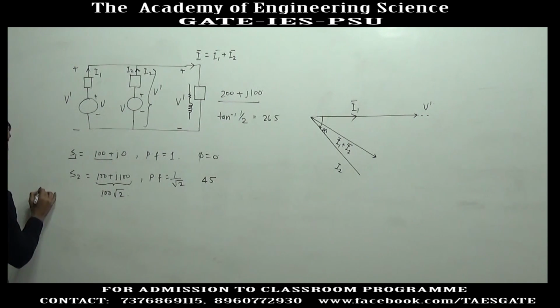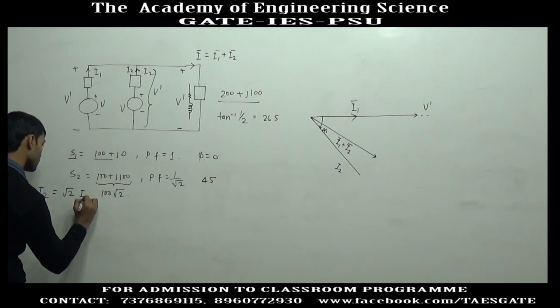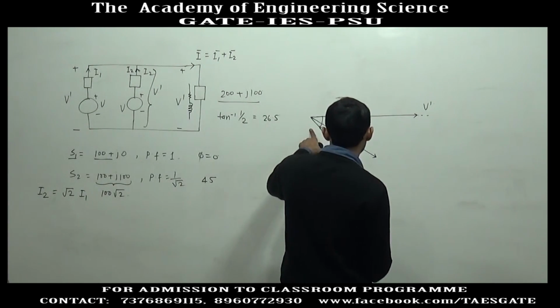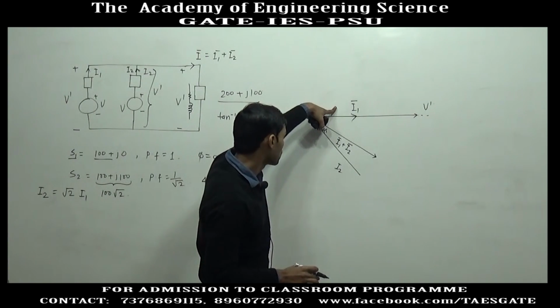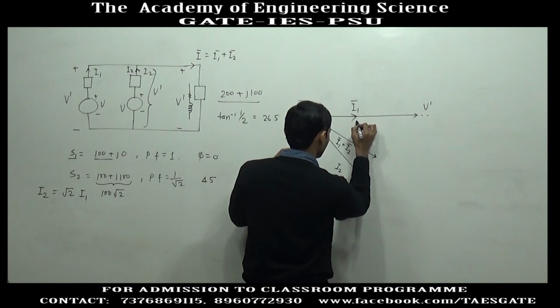So the magnitude of I2 will be root 2 times the magnitude of I1.